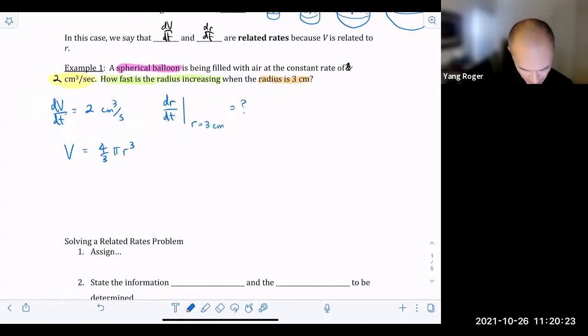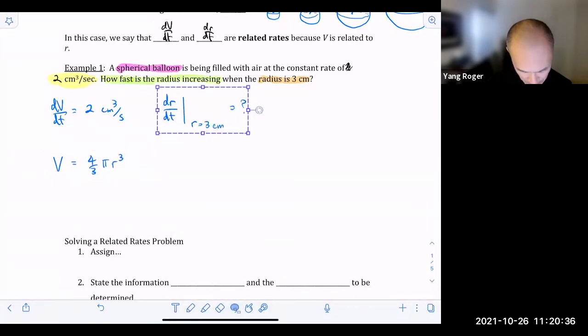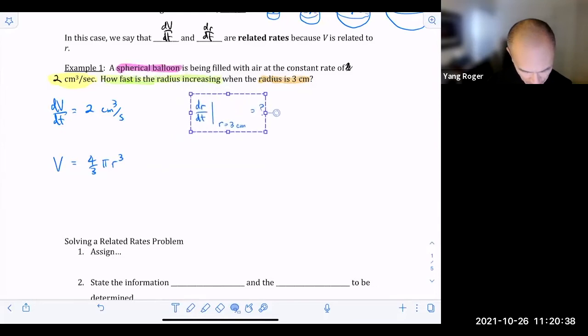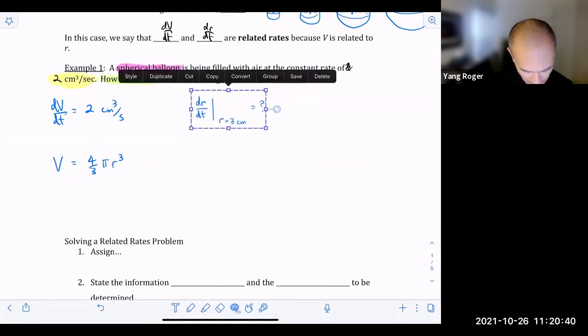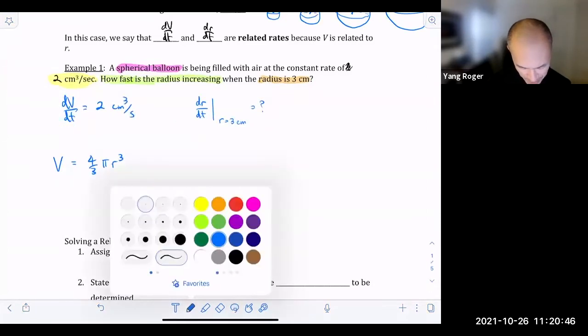So let me organize this a little bit better. Let me move stuff around. This example, I don't think takes too much space. So let me give you some commentary on what we're doing here. Okay, I'll put the commentary in red.